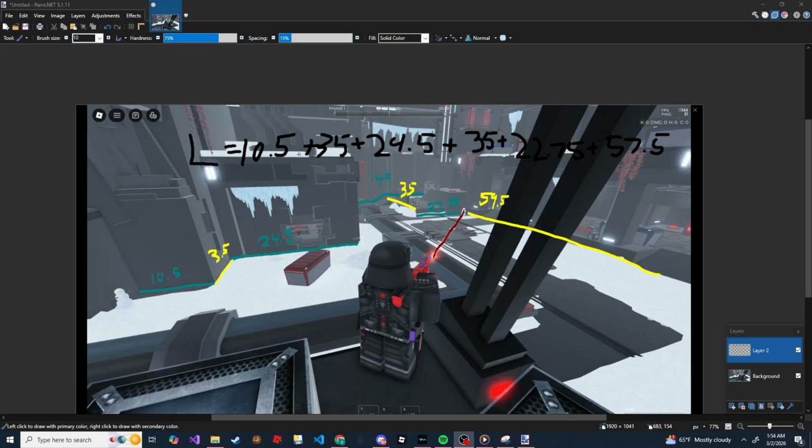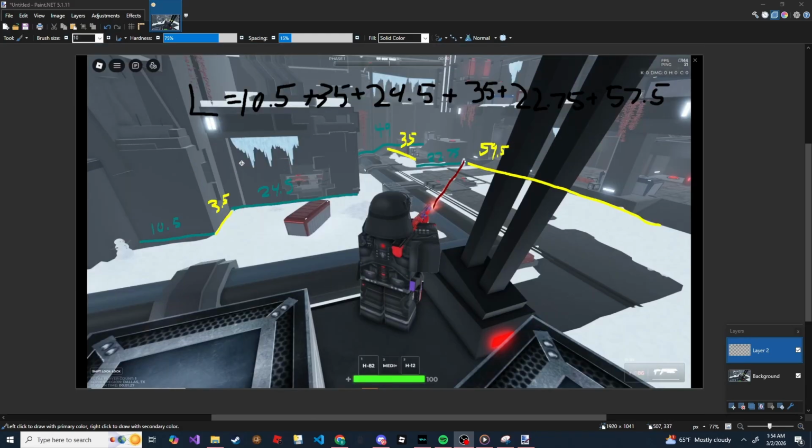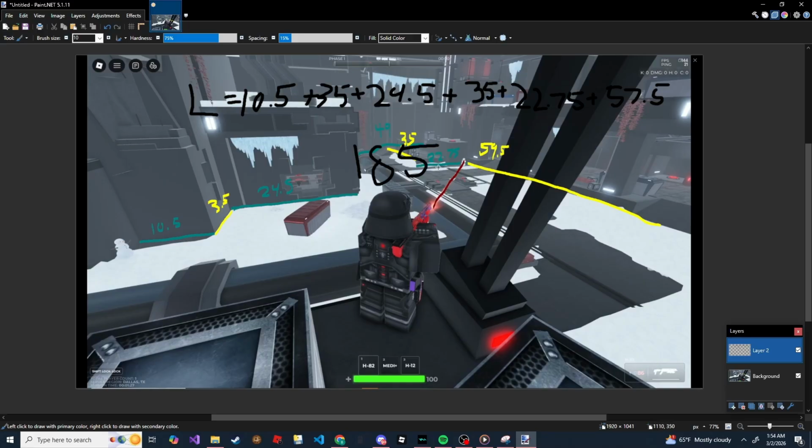While that seems difficult at first, it's very easy to implement just by taking L equals 10.5 plus 35 plus 24.5 plus 35 plus 22.75 plus 57.5, which of course is drawn from the dimensions around the map right here. So, in other words, L equals 185.25 studs.